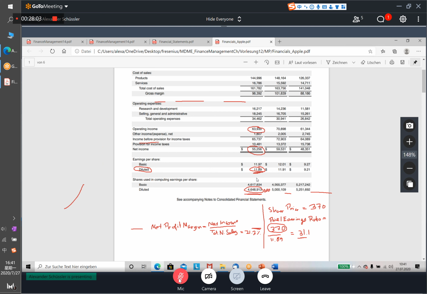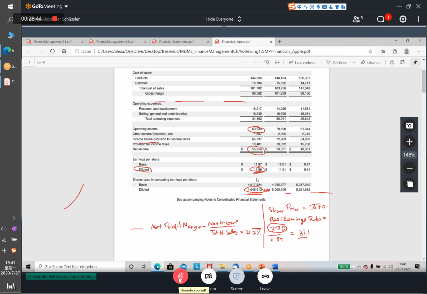If you think about buying a share, is it better if it is cheap or expensive? It's better if it is cheap, because if you want to buy something, you want to buy it cheap.